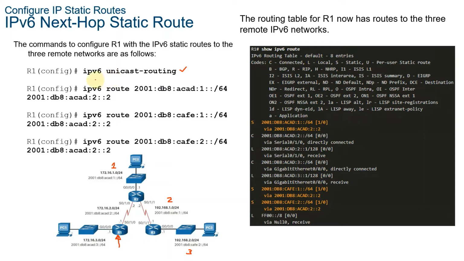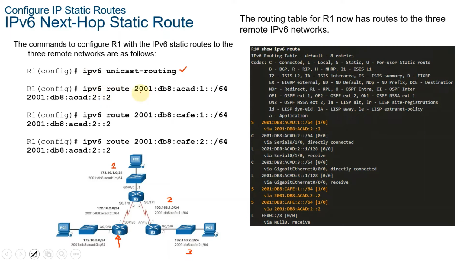So we need to begin with ipv6 unicast-routing. Afterwards, we can do the routing. Assuming that we have already configured all the IPv6 addresses on each of the interfaces, we can now proceed with routing.